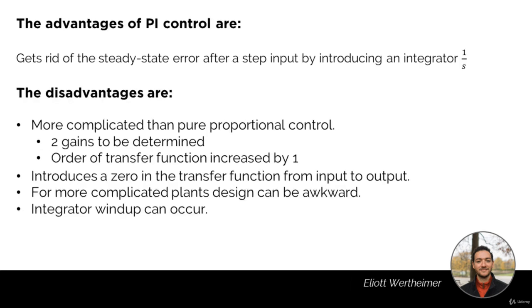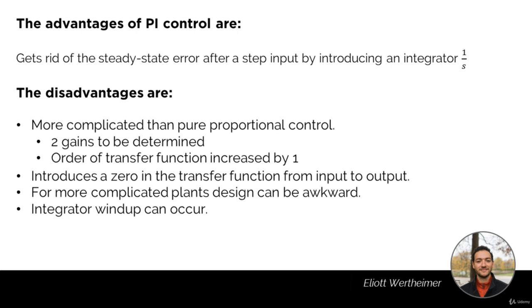The advantages of PI control are that it gets rid of the steady state error after step input by introducing an integrator 1 over s. However, its disadvantages are that it is more complicated than a pure proportional control. There are now two gains to be determined, and the order of the transfer function is increased by 1.